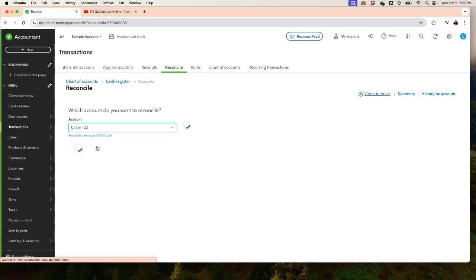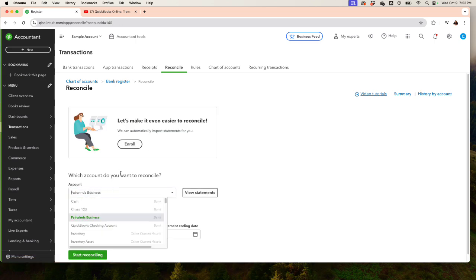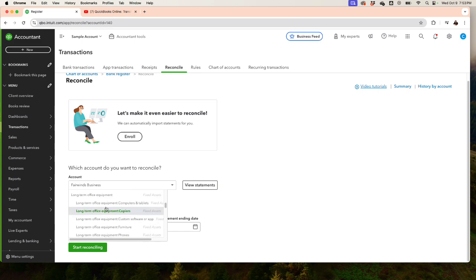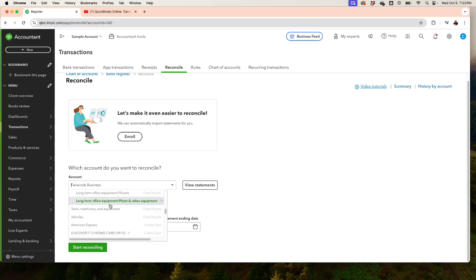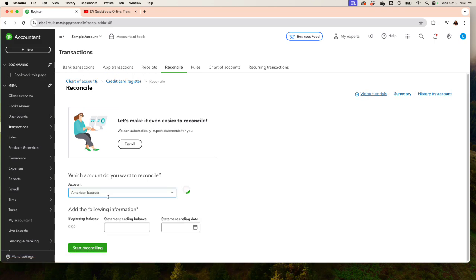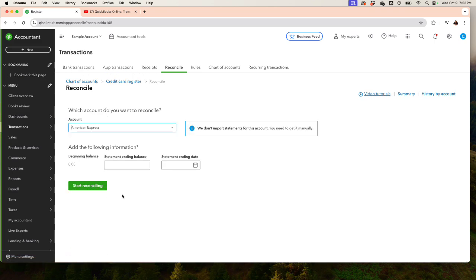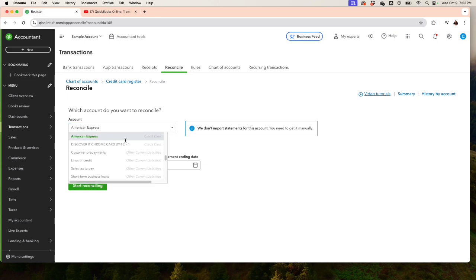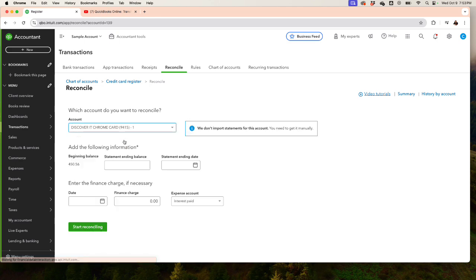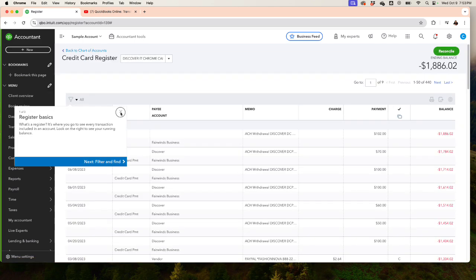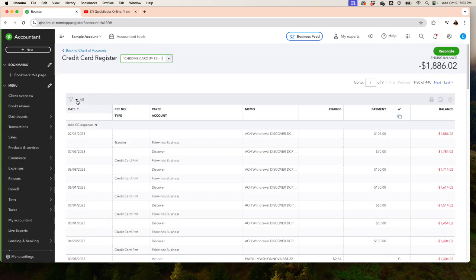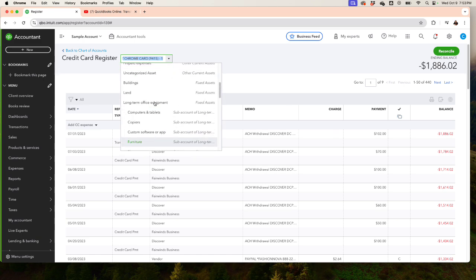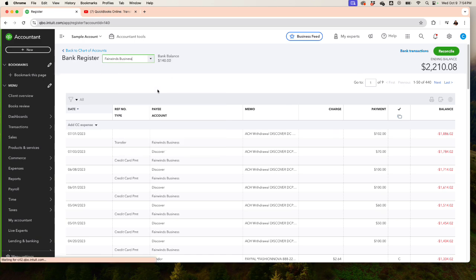Oh, not the cash. Okay, so you would see a red flag. This one has not been reconciled, so you're not gonna see it. But if you had reconciled, the way you fix it, I'm gonna verify one of the accounts that have.